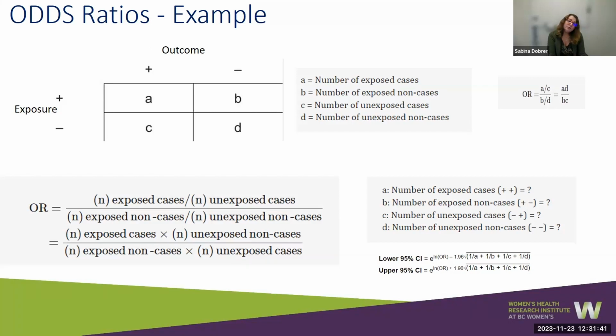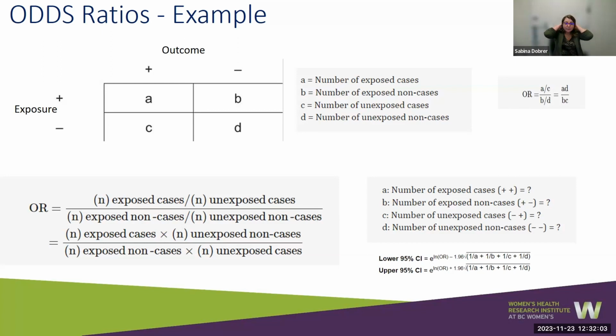Because, as I said in my previous slide, in order to calculate the odds ratio, we need an exposure and an outcome. So here on the left you see a table: positive means they have the outcome, negative means they don't have the outcome, and we have plus and minus for the exposure.